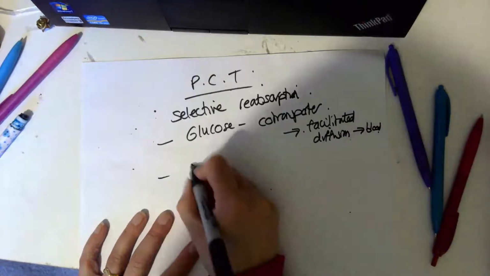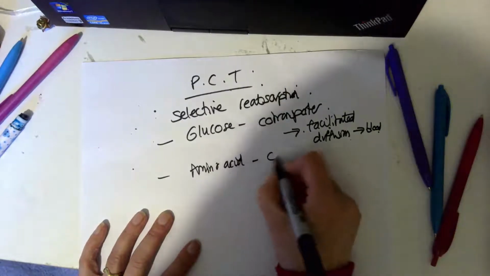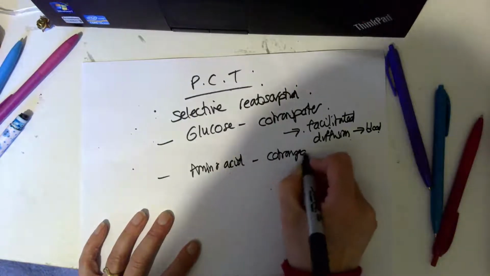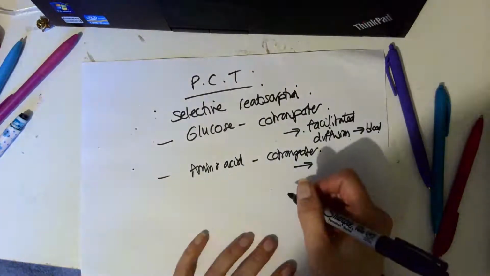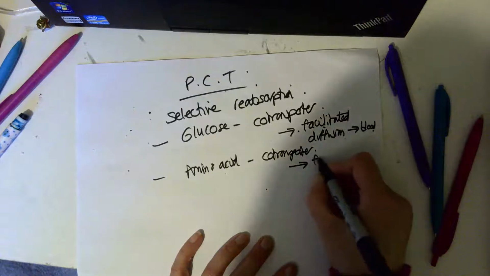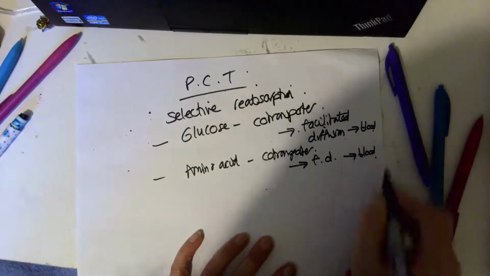Same for amino acids. So the amino acids, exactly the same idea, a co-transporter brought them out of the nephron into the proximal convoluted tubule. Then it relied on facilitated diffusion to ultimately move them into the blood.